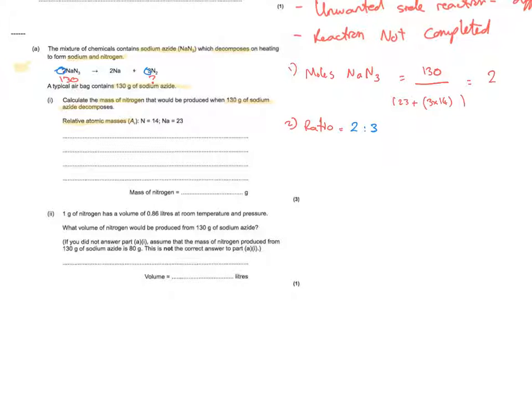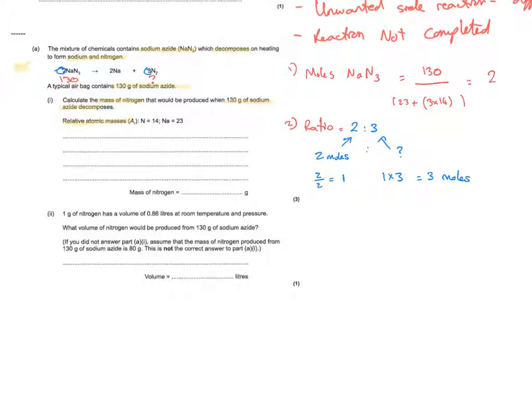And I know that the 2 on this side is equal to 2 moles. So I want to know what the 3 is going to be. So the way I'm going to do this, I'm going to find out what 1 is. So I'm going to do 2 divided by 2, which equals 1. And then on the other side, do the 1 times by the 3 and that gives me 3 moles.